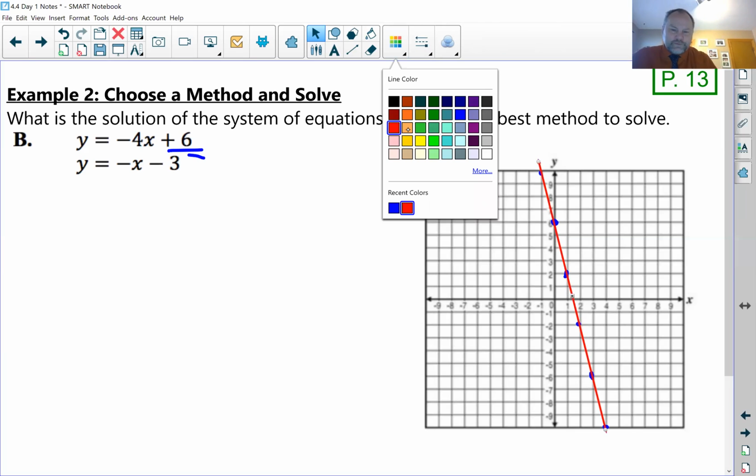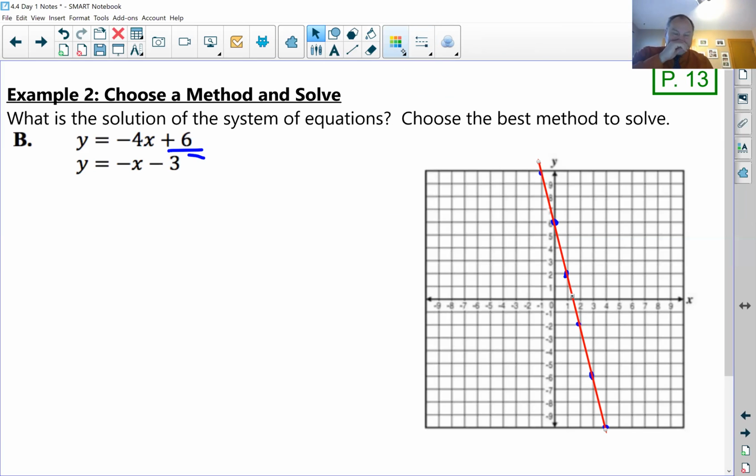But then drawing the line, obviously you would draw. The second equation has a y-intercept of -3. And a slope of -1.